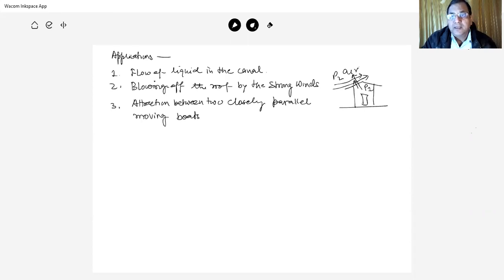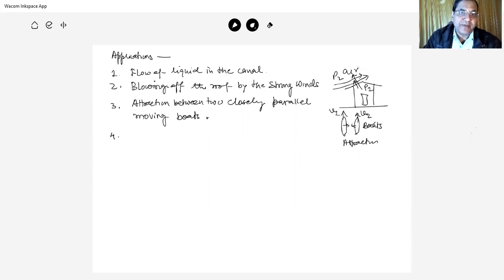If this is a boat and here is another boat, and these boats are moving in this way, they feel a force of attraction. This is the velocity V1, V2, so the boats feel attraction because the pressures are decreasing.